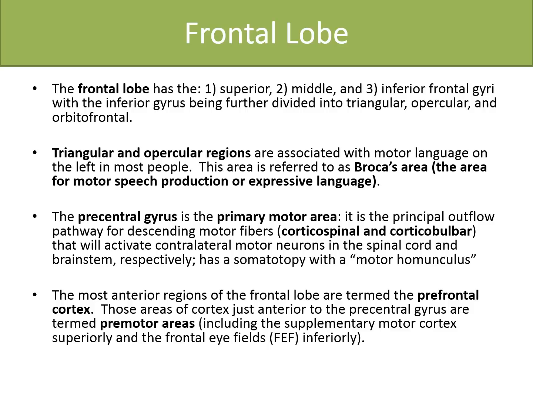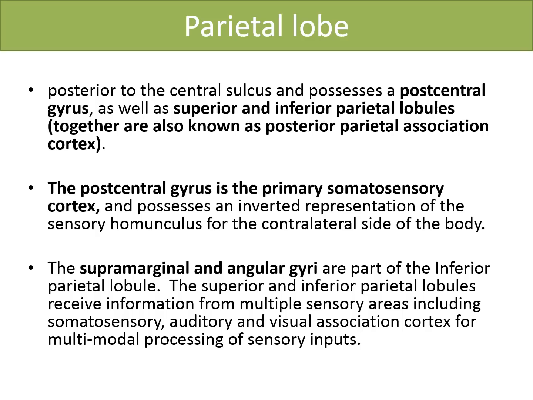The other areas immediately anterior to the precentral gyrus are involved in modulating movements and controlling and planning for movements, and include the frontal eye fields inferiorly. The parietal lobe is involved in somatosensory function primarily, and in association of somatosensory information with other inputs, that is auditory and visual inputs.